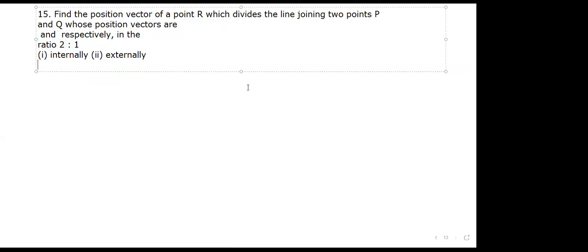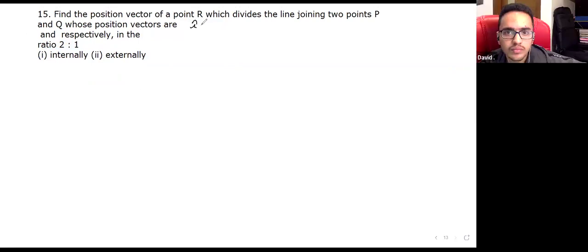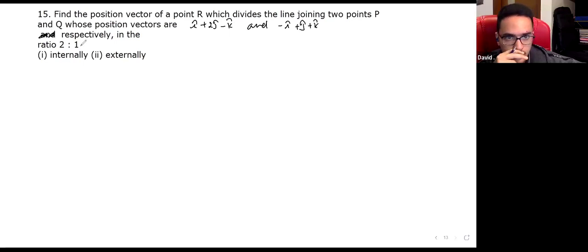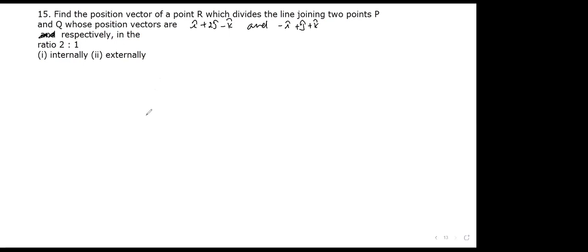The two points P and Q have position vectors i cap plus 2j cap minus k cap and minus i cap plus j cap plus k cap respectively, in the ratio 2:1, internally as well as externally.